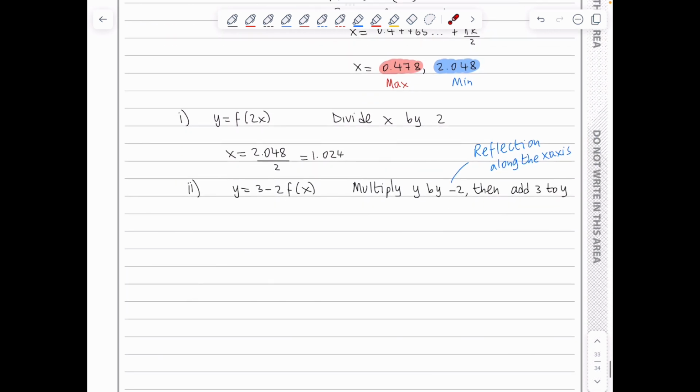So for the minimum turning point, I'm just going to take the x-coordinate of the maximum in the original, and that's going to be my answer. So essentially, what we have to realize is that the reflection along the x-axis is making maxima and minima interchange. So let me make a note of this as well. Final answer for II is that x is 0.478.